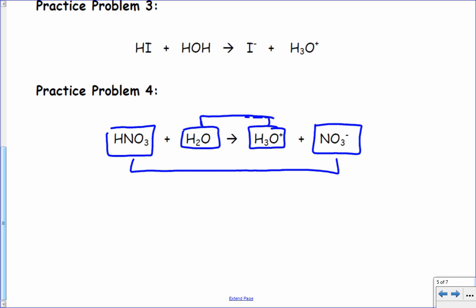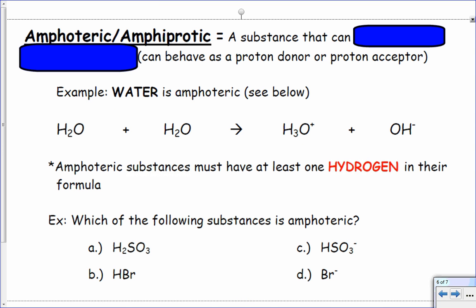So this is the acid. This is the conjugate base because by definition, the acid is the proton donor. And then the proton acceptor is here. So this is the base with the conjugate acid. Because H2O becomes the proton acceptor here. It accepts that H. So that's just how we use those rules.